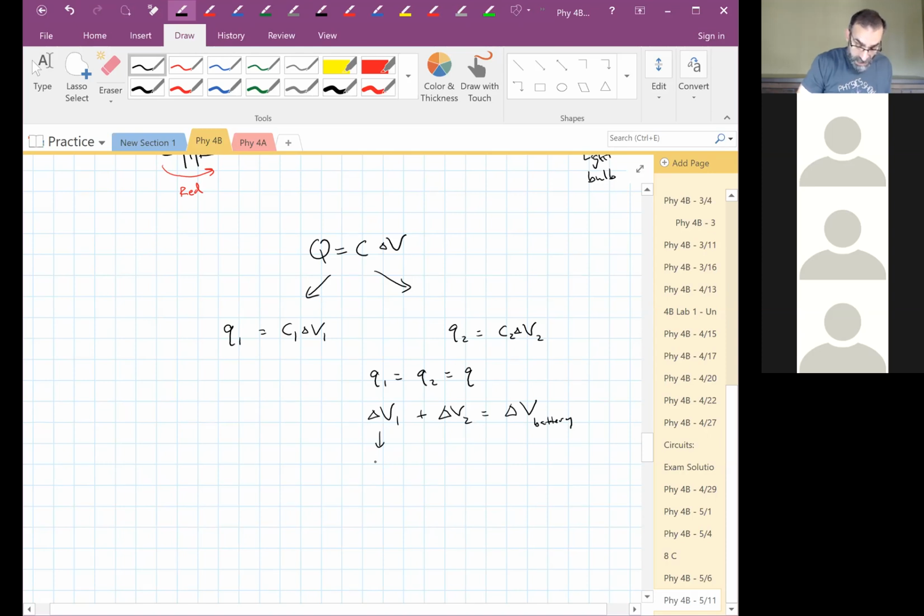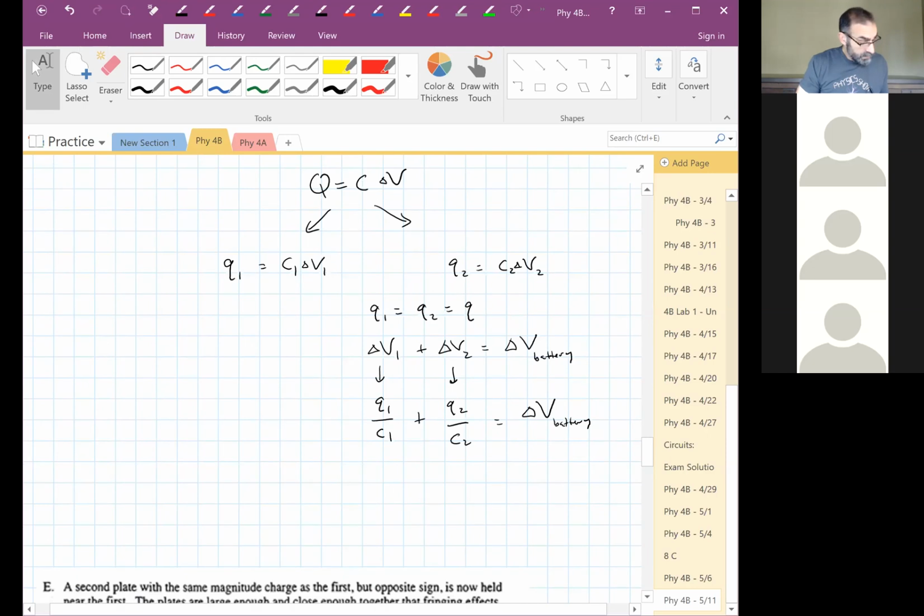V1 is just Q1 over C1, right? And what is V2? It's Q2 over C2. And that's going to equal delta V battery. And the Q's are the same, so I don't need subscripts there. So I can carry it out. Q times 1 over C1 plus 1 over C2.